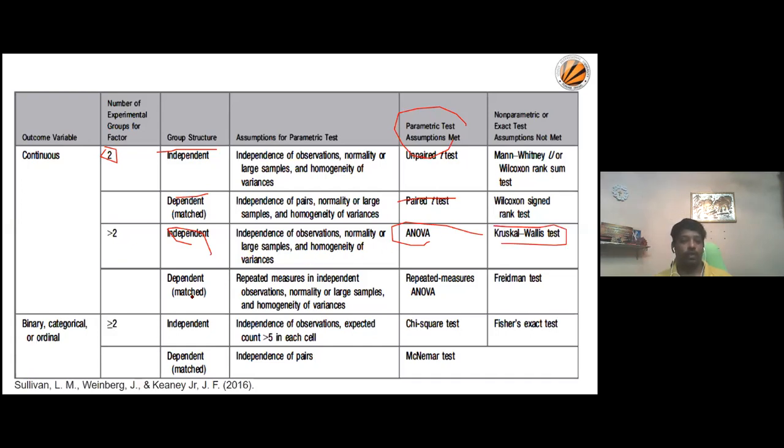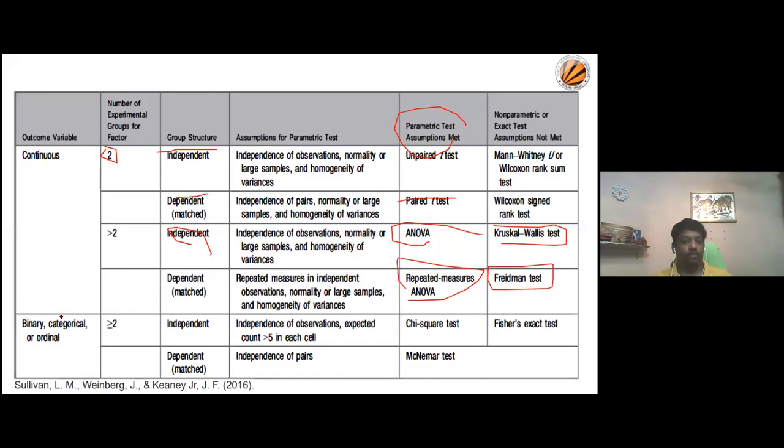In addition, when the same group has been measured repeatedly, more than two times, such as 3 or 4 times, we must use repeated measures ANOVA, right? If it is normally distributed without outliers and meets all the assumptions, use it. If it fails to meet those, you use the Friedman test, which is the non-parametric alternative for repeated measures ANOVA.